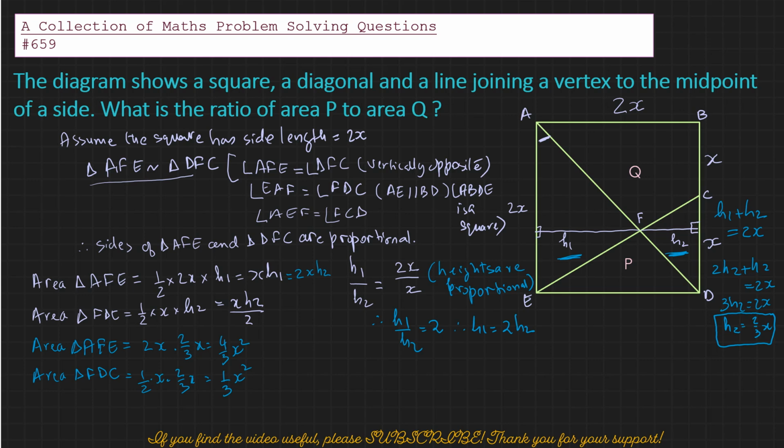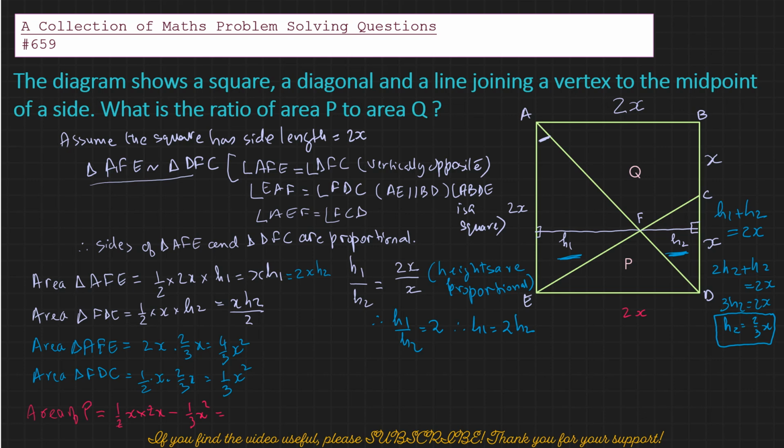Now the area of P is this triangle, so it is half times base, which is 2x, times height, which is x, minus the area of triangle DFC, which is 1/3 x squared.